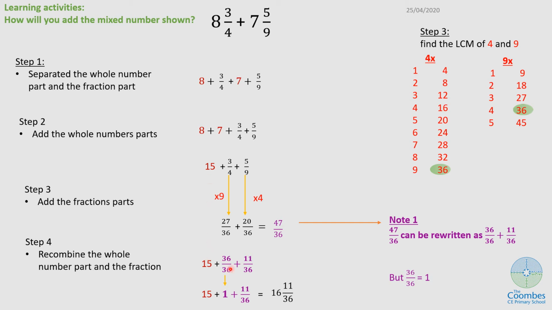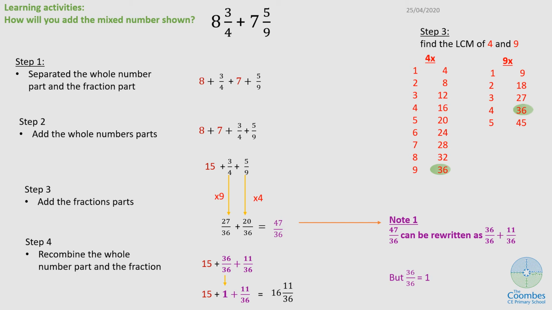Now 36 over 36 plus 11 over 36. But I also know that 36 over 36 is actually equal to 1. So I'm going to rewrite it again. My 15 whole plus 1, then plus the 11 over 36.